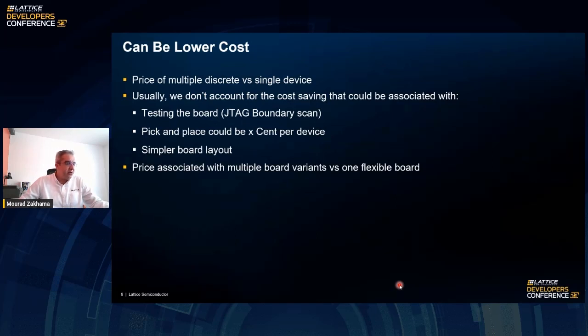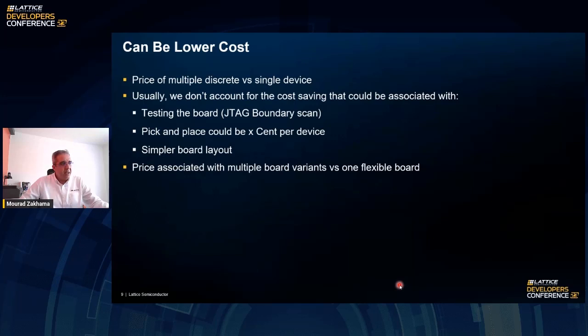The price of pick and place, I mean, you have hundreds of components, and pick and place in the manufacturing process is a small amount of cents per device, but that adds up. There is also the simpler board layout advantage that could be saving some cost when you develop with FPGAs.